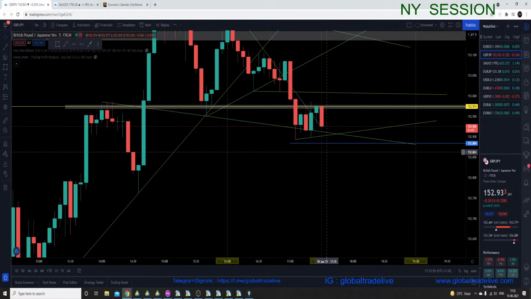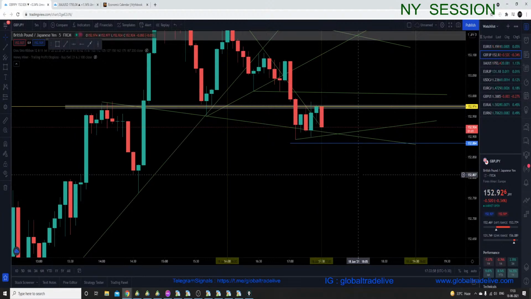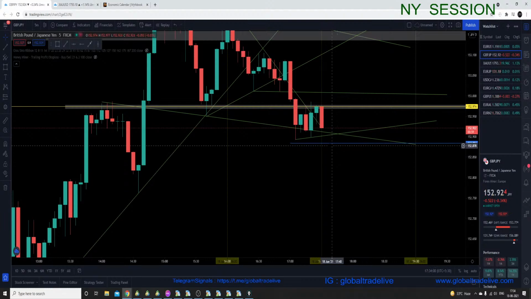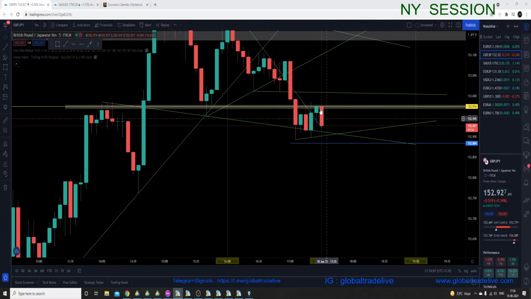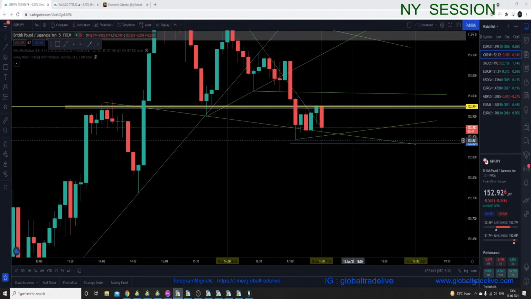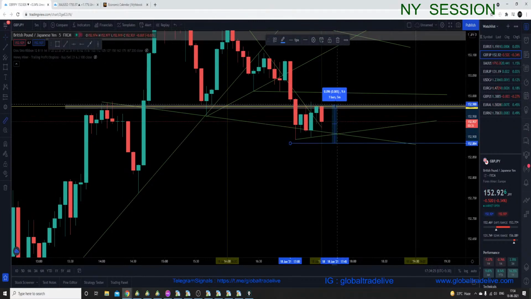If this 5-minute candle breaks 152.884, I'm gonna sell. Why? Because right now New York Open is there, and the way the candle is moving is showing me some volume, and it's staying below 152.974, which is a good sign. So I'll just wait for the price to break this price over here, and once it is broken, I'm gonna execute the trade and keep my stops above this high over here, which will be 152.981.